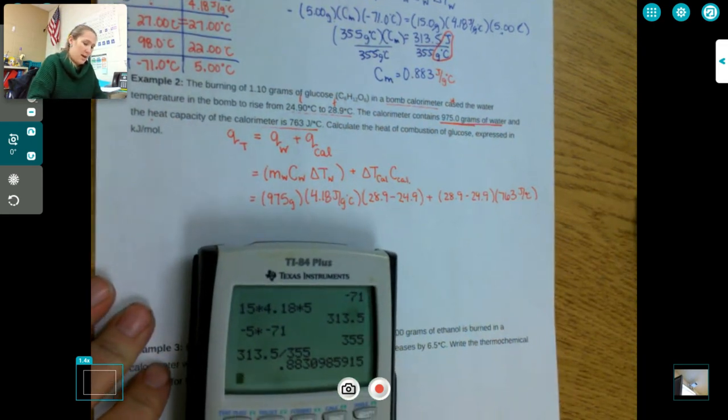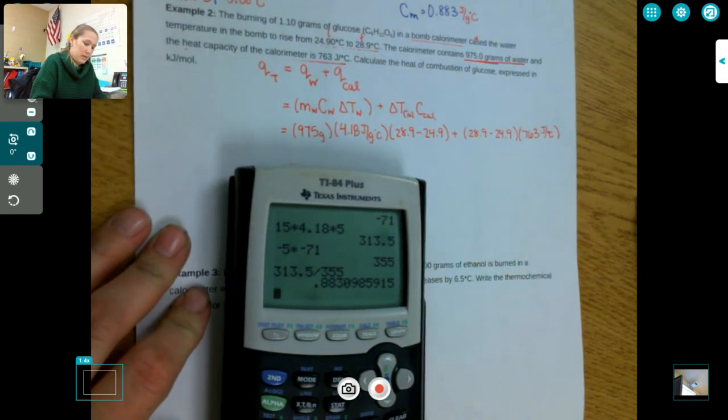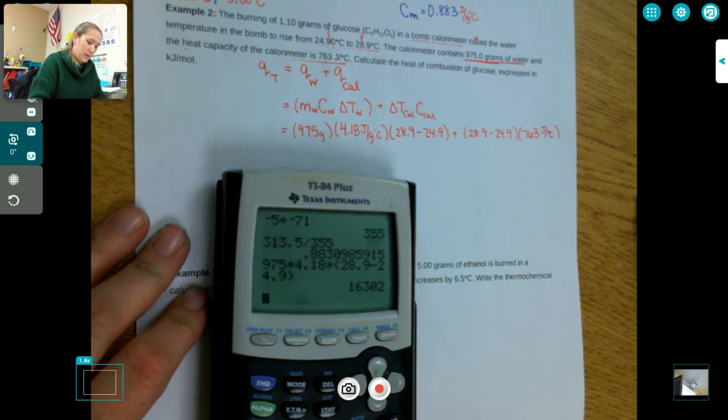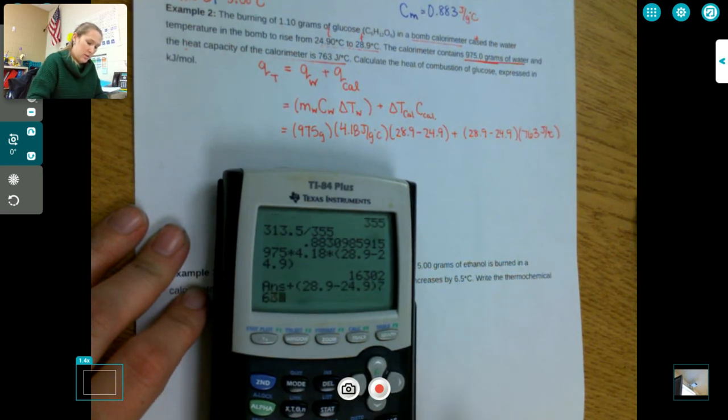So plugging that in, you can see 975, and then 28.9 minus 24.9, which is 4, plus 28.9 minus 24.9 times 763.